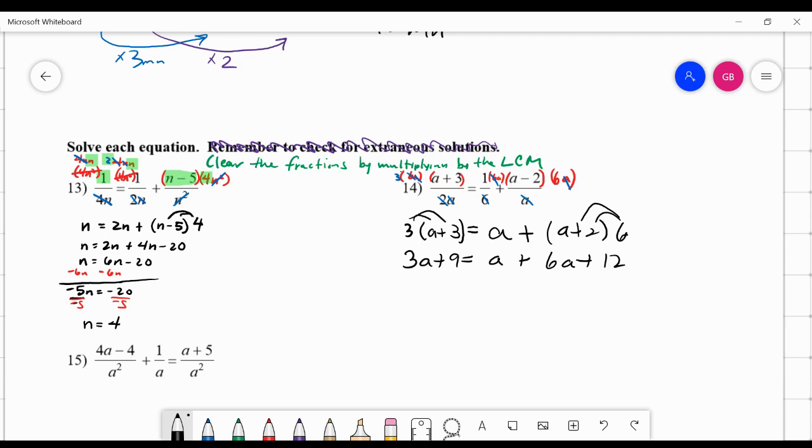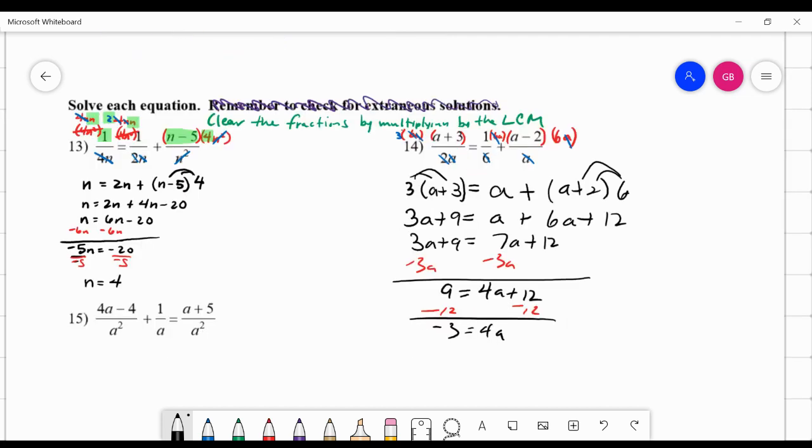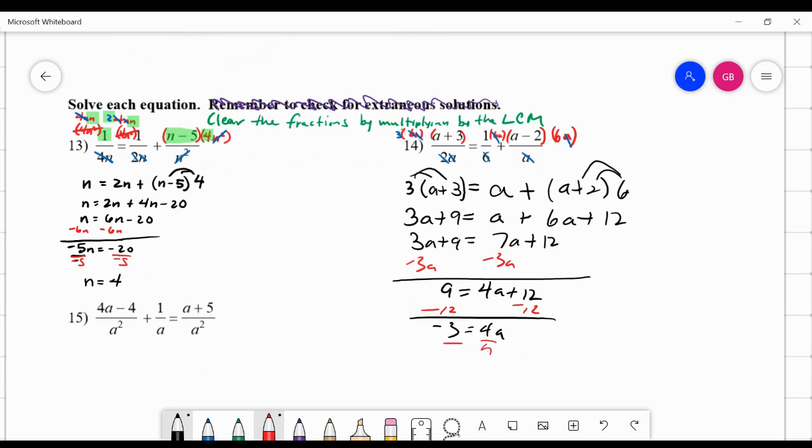Okay, combine like terms. 3a plus 9 is equal to 7a plus 12. I'm going to subtract 3a from both sides to get 9 is equal to 4a plus 12. And then I'm going to subtract 12 from both sides to get negative 3 is equal to 4a. And then divide by 4. So a is negative 3 over 4.